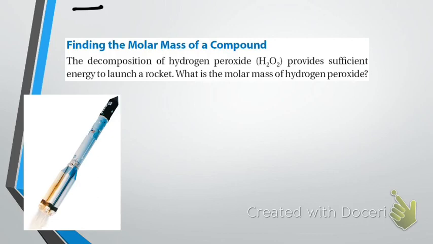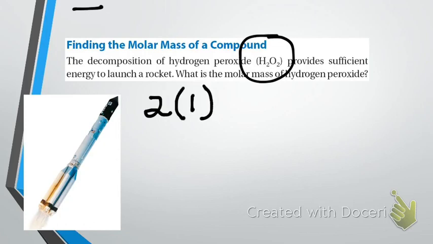Okay, so let's practice. Let's find the molar mass of hydrogen peroxide, H2O2. We know from our subscripts that we have 2 hydrogen. If we look for the atomic mass of hydrogen on the periodic table, we find out that it's 1. So we have to add that to the atomic mass, molar mass of oxygen. We know from our subscript that we have 2.